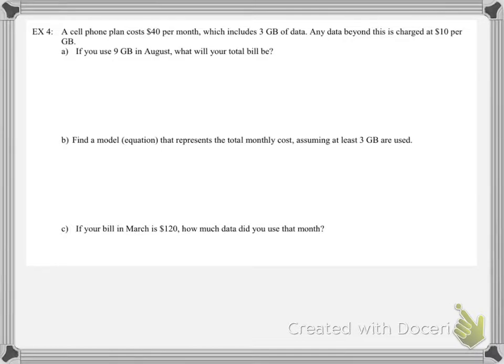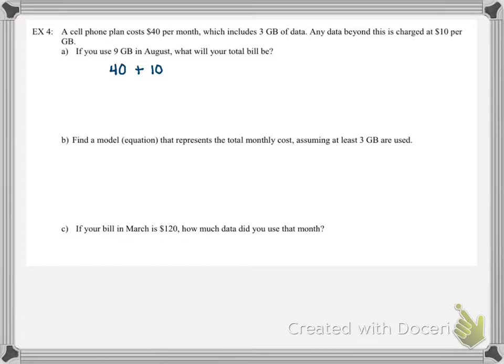Yes? Well, our constant would have to be 40. Yes, 40 would be a constant. And we'd add that to 10x, assuming that x represents the amount of gigabytes over 3 gigabytes. Okay, good. So in this case, what would x be? Like I said, the amount of gigabytes over 3 gigabytes.